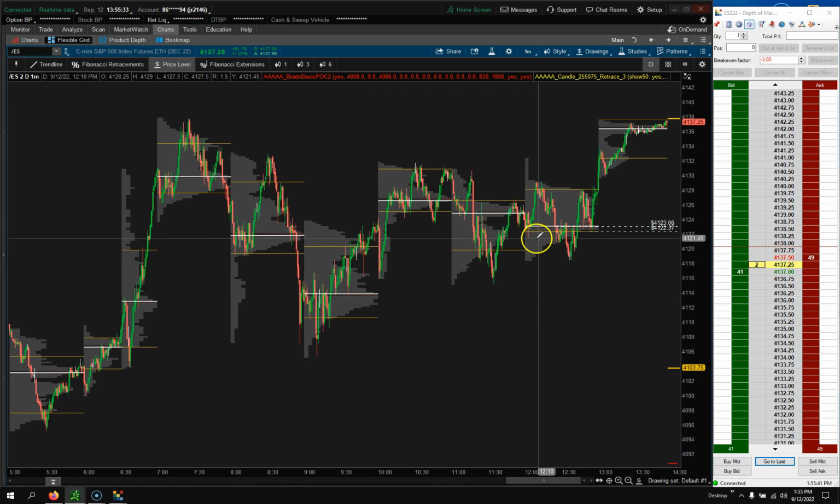Also, if we look back, this is an inverse head and shoulders, and this was the lower shoulder. So if price started to come down, there are multiple things lining up right at this 41.23 level, where I'm like, hey, I like this trade. Let me try this trade.